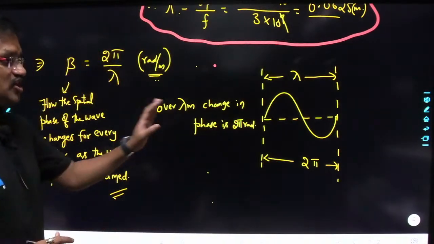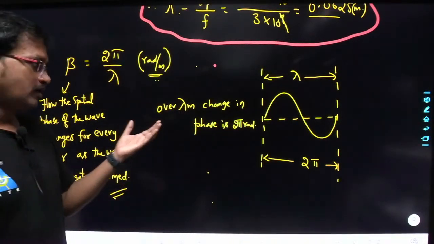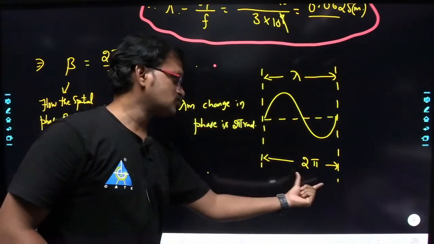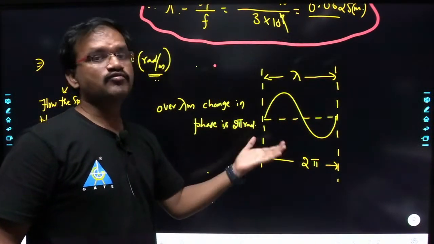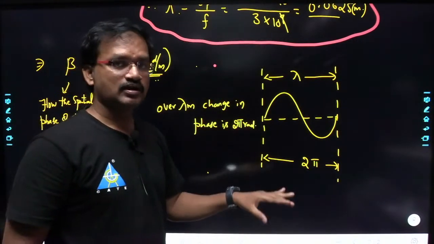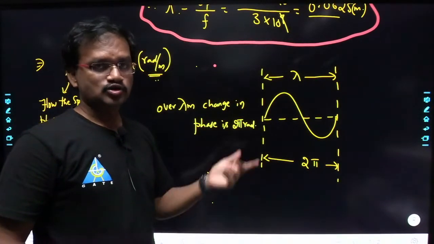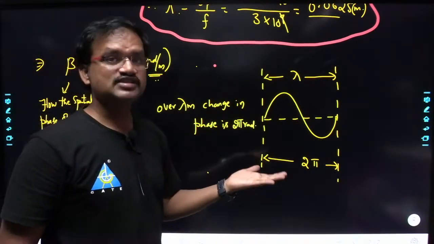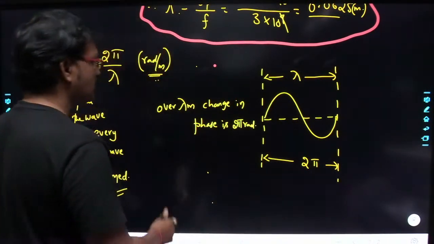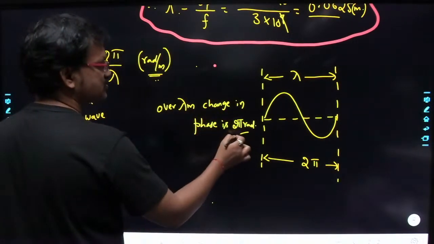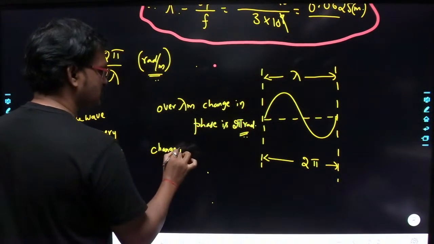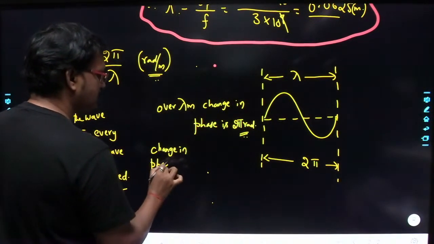Then what is the change in phase per meter? Whenever the wave has propagated over lambda meters, the change in phase is 2 pi radians. Then the change in phase per meter is nothing but 2 pi by lambda. So the change in phase per meter is called beta, the phase constant. Understood?